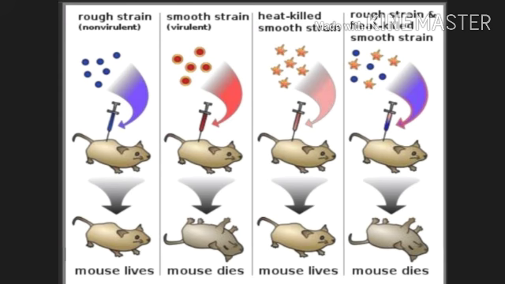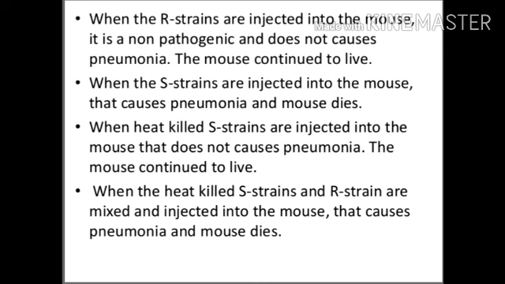So let's discuss. When the R strain is injected into the mouse, it is non-pathogenic, I told you in the previous slide, and does not cause pneumonia. That's why the mouse continues to live. When the S strain is injected into the mouse, it causes pneumonia, that's why the mouse dies.